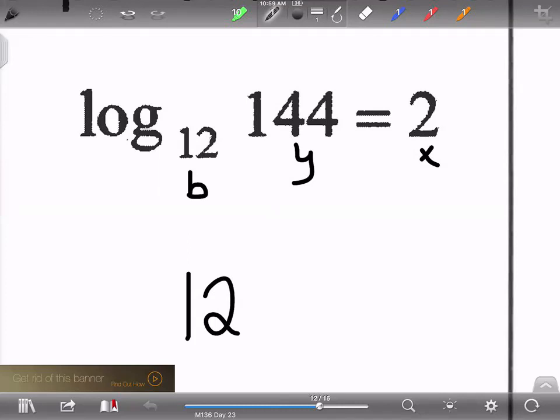Your x is 2, so you're going to have 12 to the second power equals y, which is 144. This one is actually more evident because 12 squared definitely does equal 144. This one tends to make more sense because there's no fractions involved. The rest of them were true, but this one is most obvious.